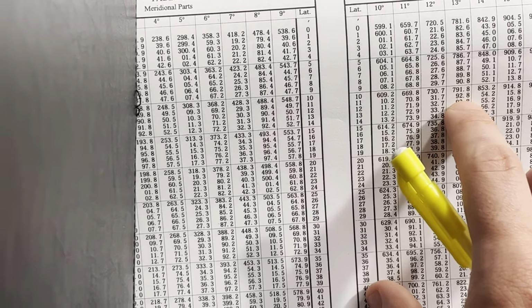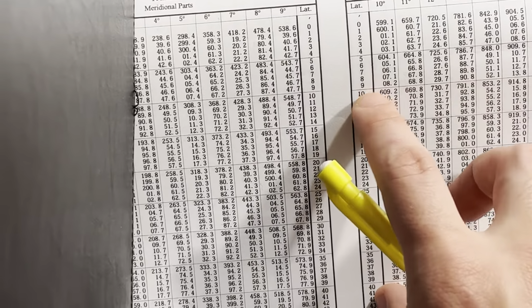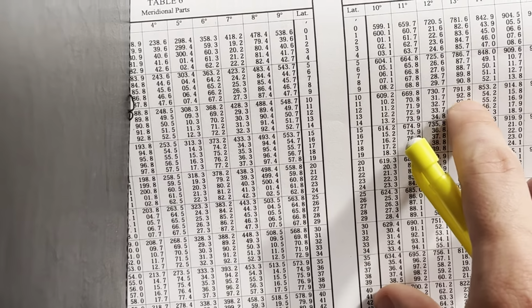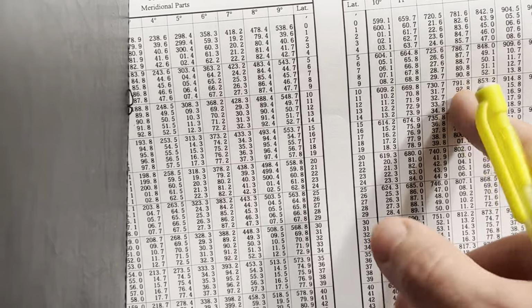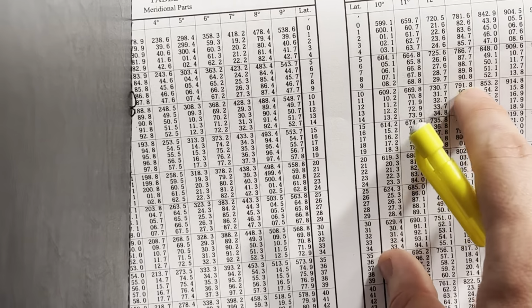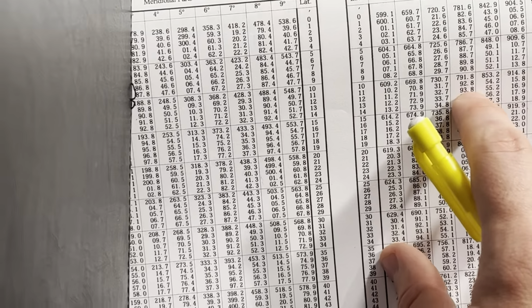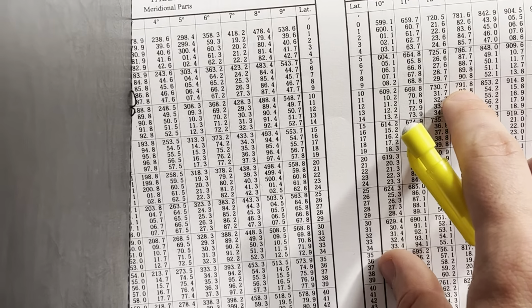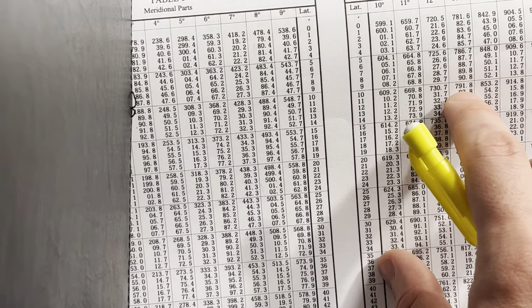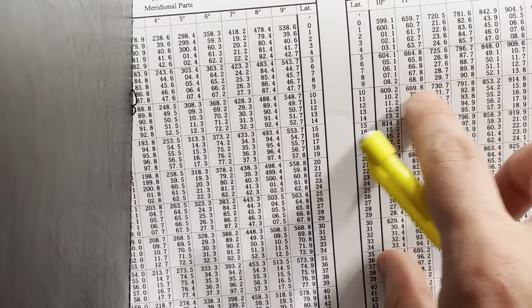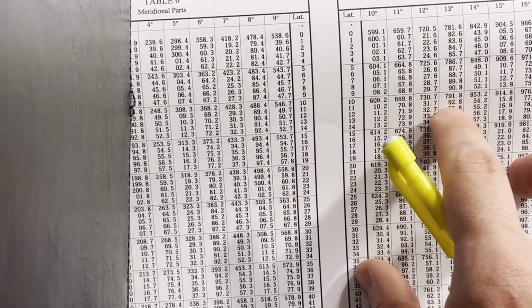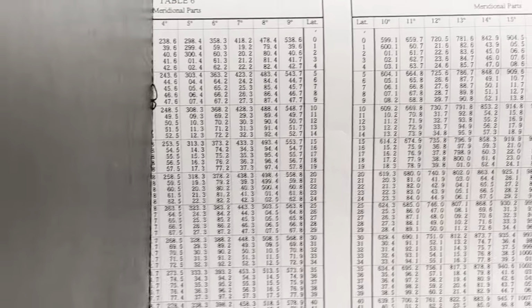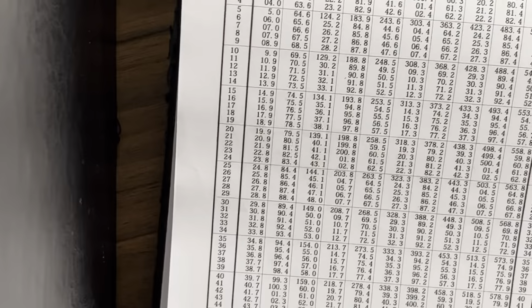So that's small enough that if you wanted to, you could just round 10.6 to 11 and use 792.8. Additionally, you could say, well, it's a little more than halfway between the two. So you can just, in your head, add 0.6 right there, and that would get you 792.4 as the value for 13 degrees 10.6. It's not perfect, however, this is such a small difference.